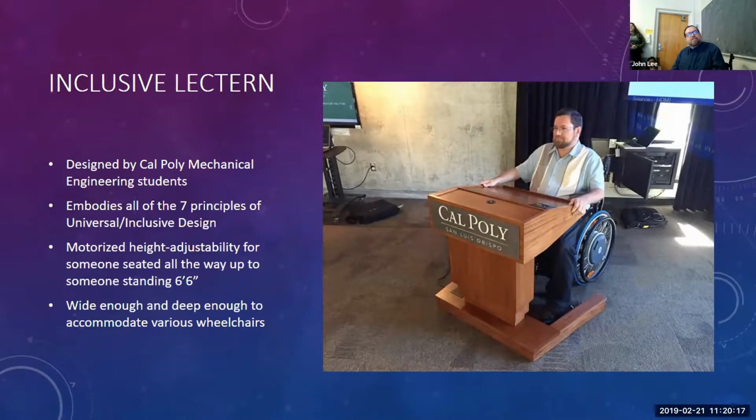You can see the height adjustability all the way down, seated, all the way up to somebody standing. Perceptible information: when you power it on, it's got a light, and it also makes a sound when it goes up and down. There's low physical effort: you raise and lower it by a motorized mechanism. So again, an inclusive lectern because it really embodies those principles we're talking about.